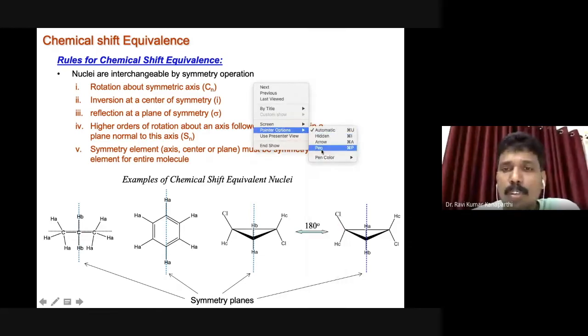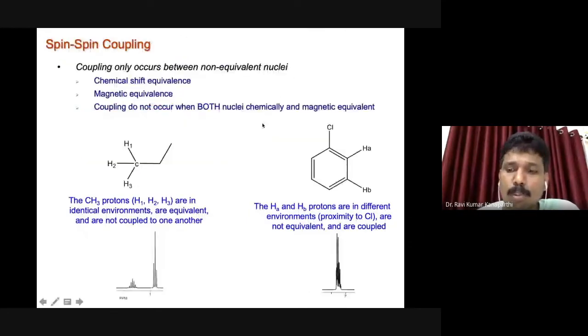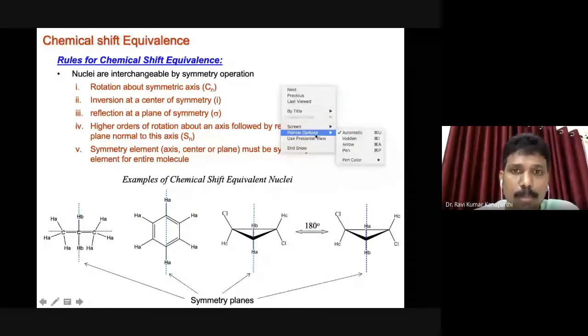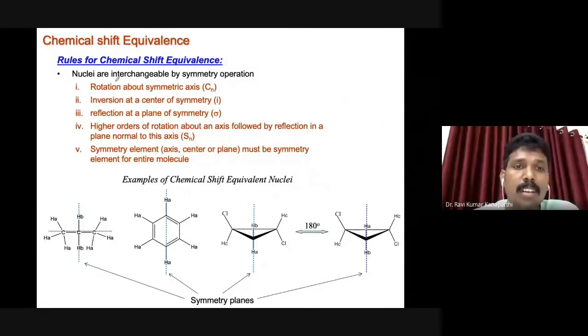If I have two protons in my system, I call them equivalent protons when the two nuclei are interchangeable by a symmetry operation, for example rotation, inversion, reflection, and higher order symmetry. Only then are those protons said to be equivalent with regard to the chemical shift. So in a broader way, we call it chemical shift equivalence.